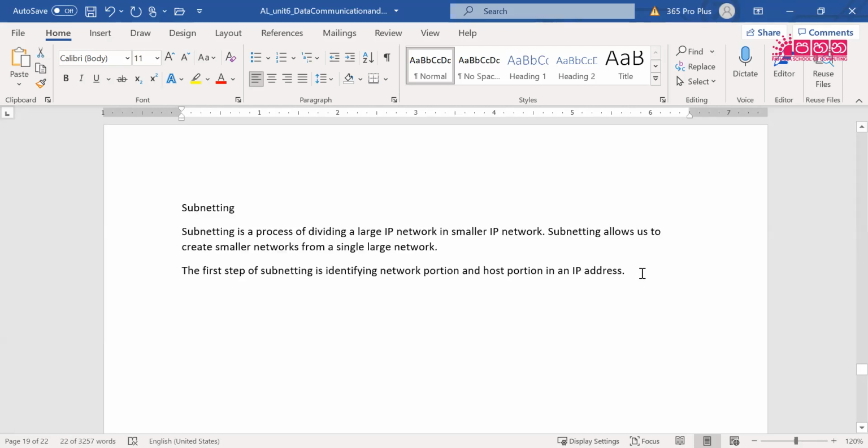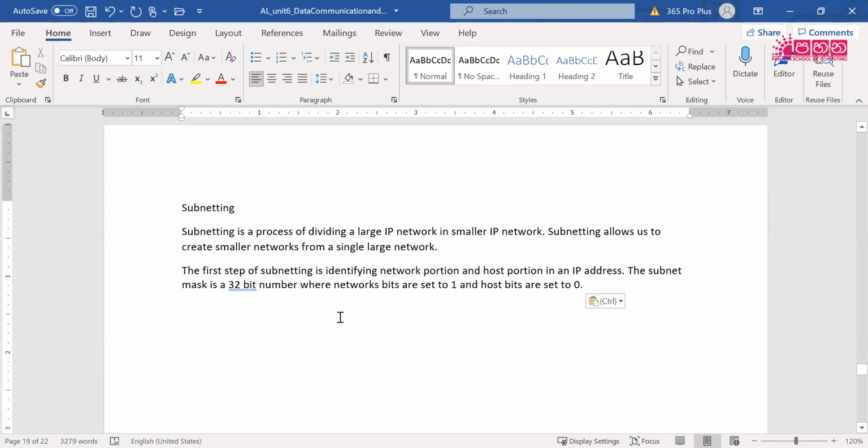The default subnet mask is a 32-bit number where network bits are set to 1 and host bits are 0.